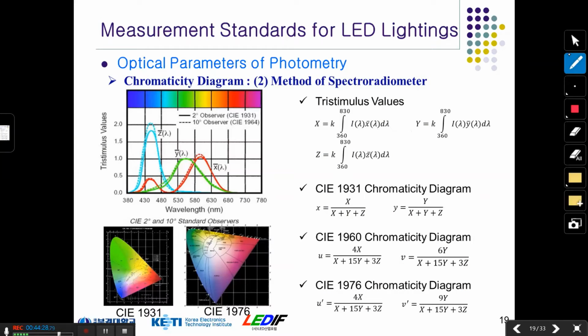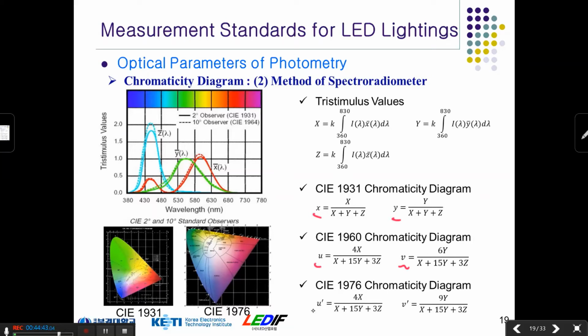This slide represents how to calculate the three stimulus values, large X, large Y, large Z, and then small xy, uv, or u prime, v prime coordinates after measuring the LED spectrum using a spectroradiometer.